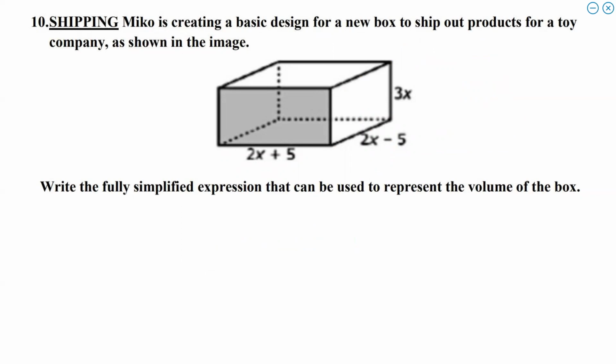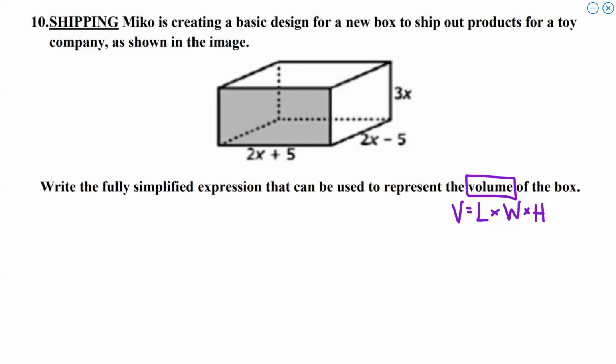What do you notice about this problem? Looks almost identical to the bell work. We're going to approach it the exact same way. Volume is equal to length times width times height.